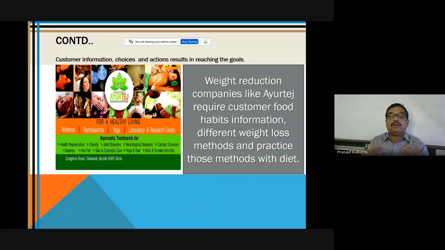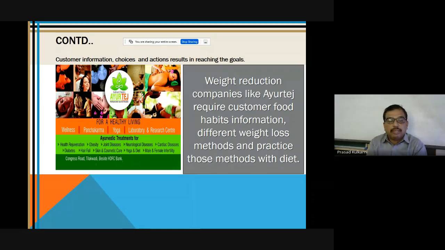After that, with agreement from the customer, they adopt that method and continuously monitor the patient. Sometimes the patient has to go twice, thrice, or maybe 10 times, or regularly on a weekly basis. So you have to monitor the weight loss of the customers who are coming to Ayur Tej.